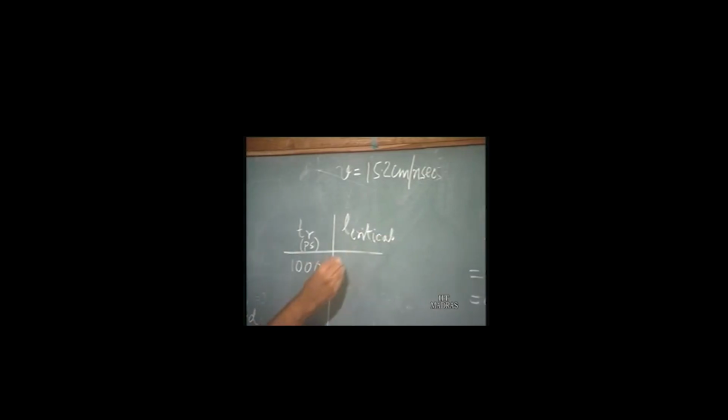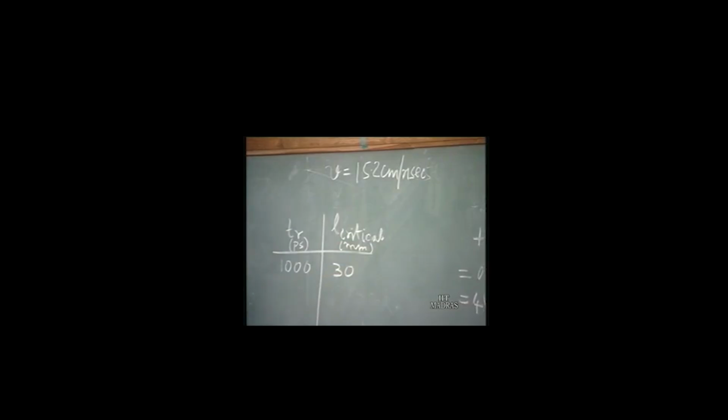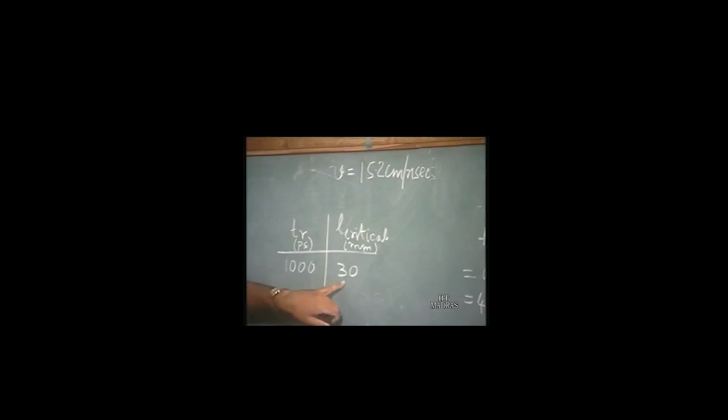For this, the critical length of the line, L critical, is going to be 30 millimeters. That is, if the rise time is 1000 picoseconds and the interconnection length is less than 30 millimeter, then we must watch out. We have to consider the transmission line effects.